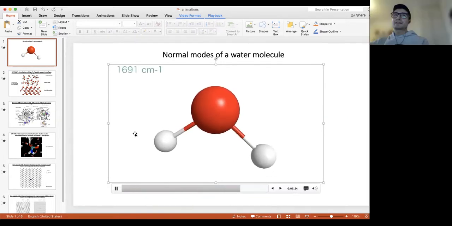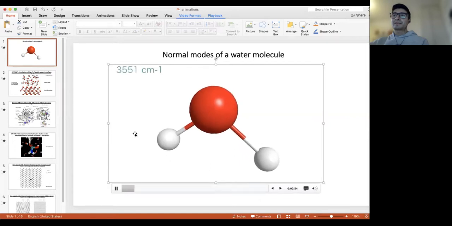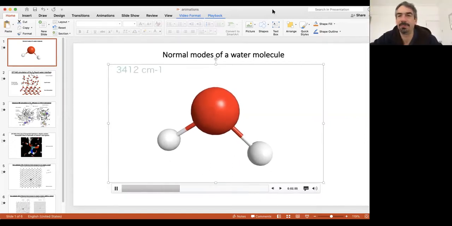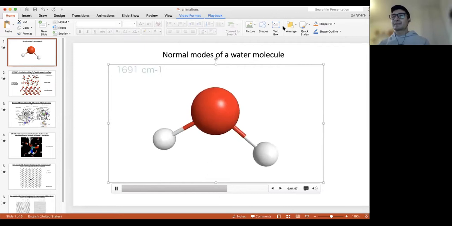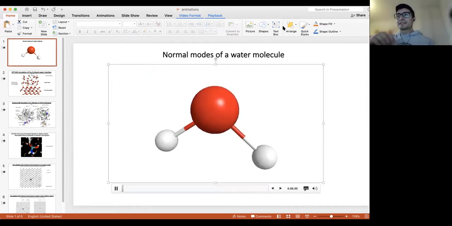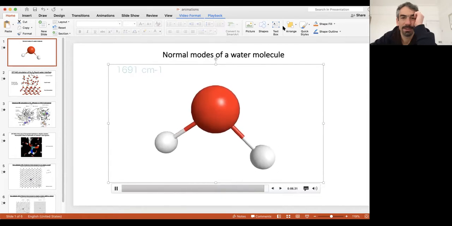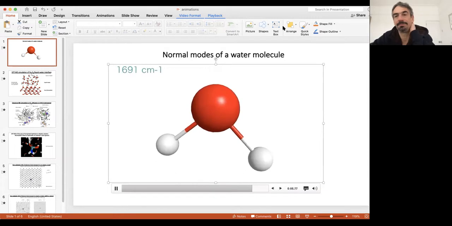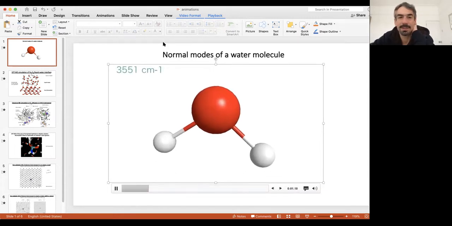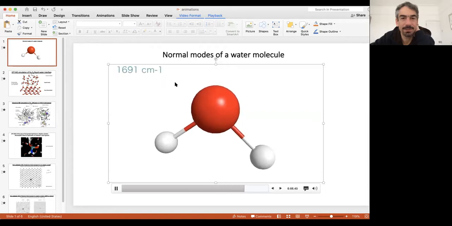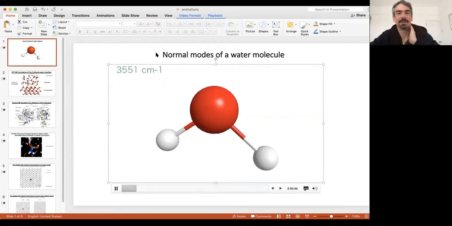I don't know if you're seeing the chat, but some people have answered in the chat: femtoseconds, several femtoseconds per step. Okay, that's very good. Well done. So it's indeed femtoseconds.